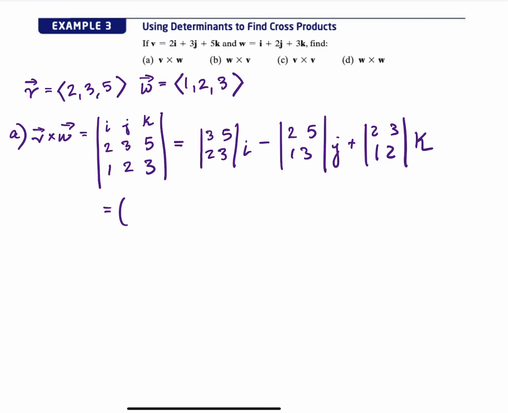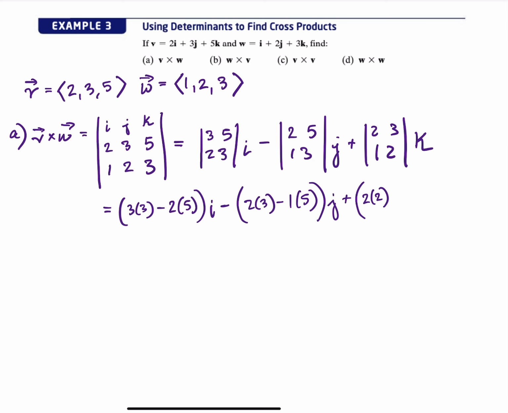So this should be 3 times 3 minus 2 times 5, I, minus, for our second one, we should get 2 times 3 minus 1 times 5, j, plus, for our third one, we should get 2 times 2 minus 1 times 3, k.